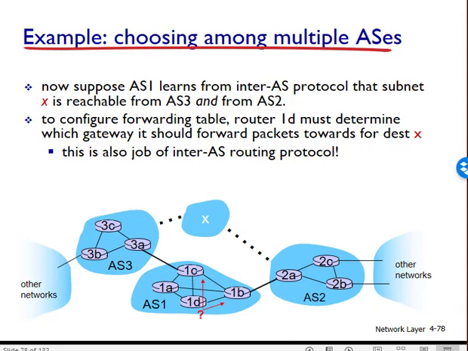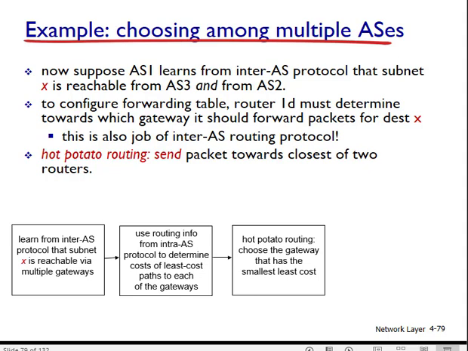Autonomous System 1 would then propagate this information to all its routers, including router 1D. In order to configure its forwarding table, router 1D would have to determine to which gateway router, 1B or 1C, it should direct its packets that are destined for subnet X.